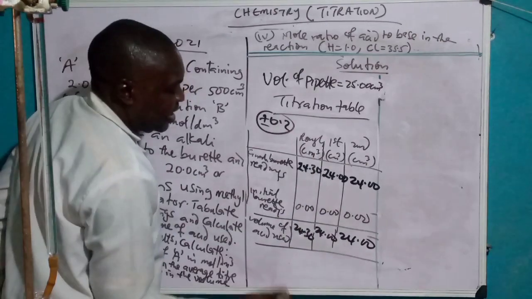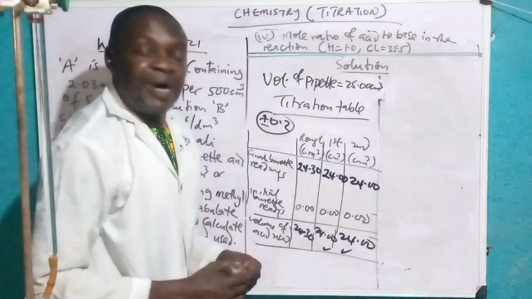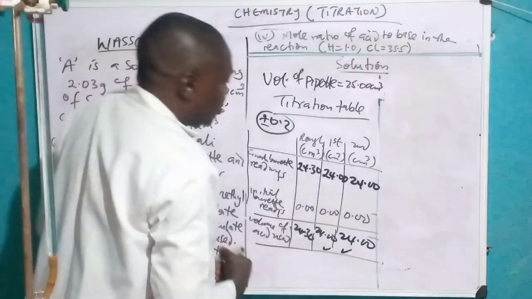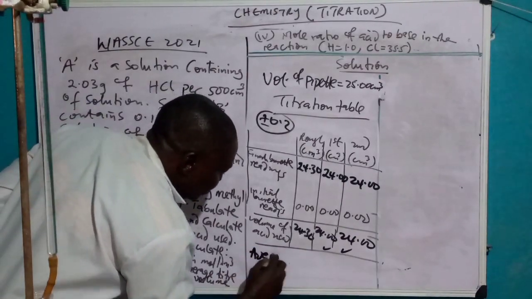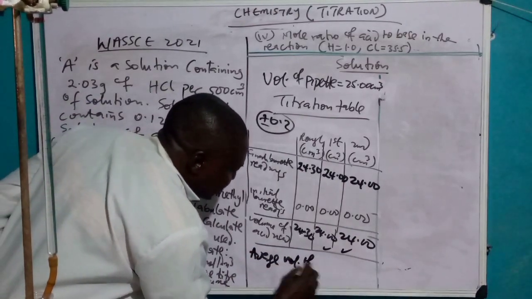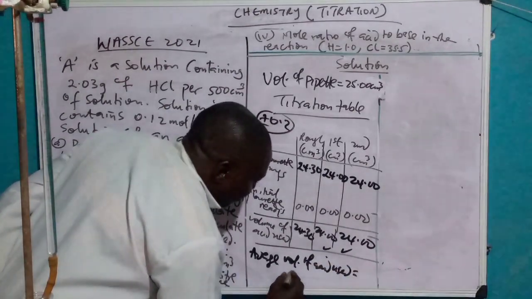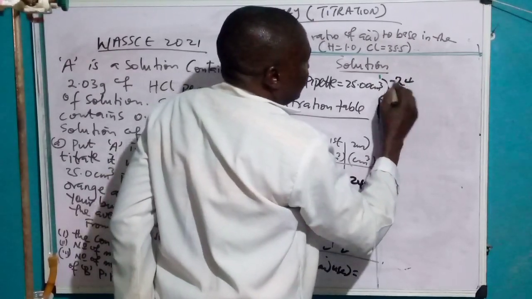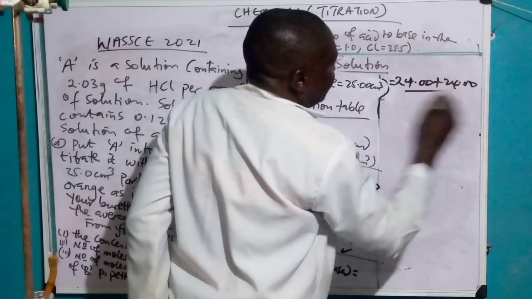Even if you strike it, doesn't matter. But we are going to take these two. These are the two components that will earn us 4 marks. This is 1 mark, this is 4 marks, making 8 marks. So it's a very easy thing to get. Say average volume of acid used equals 24.00 plus 24.00 over 2.